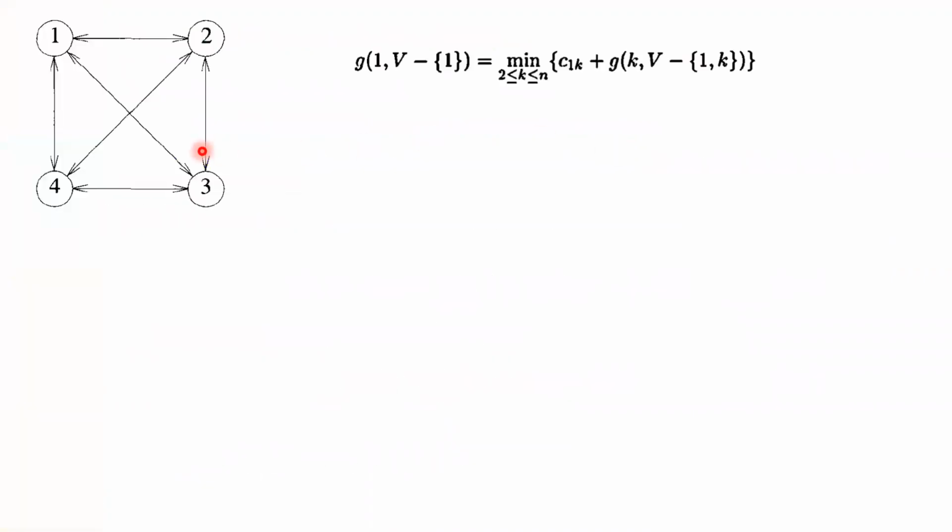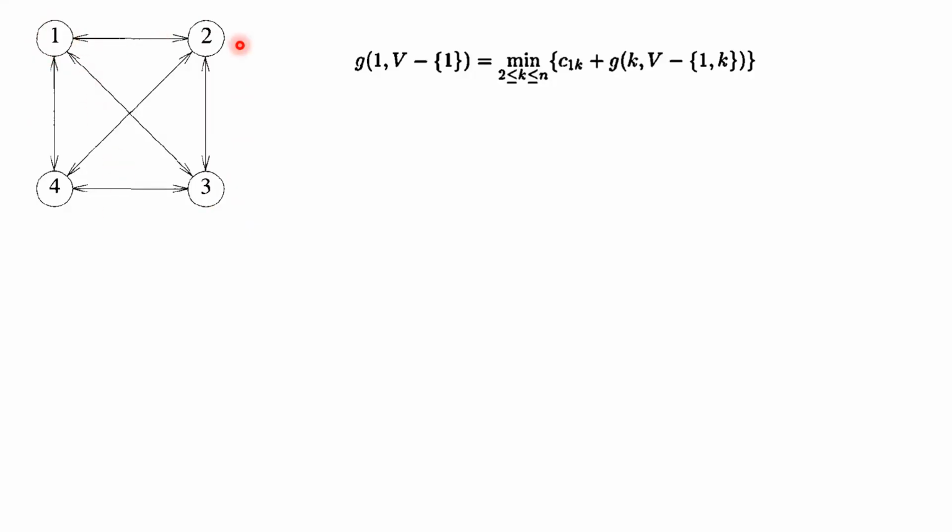If you see this graph, the traveling salesperson problem will be represented in the form of a directed weighted graph, where each vertex in the graph represents a city. So in the given graph here, there are 4 cities represented as 4 vertices.